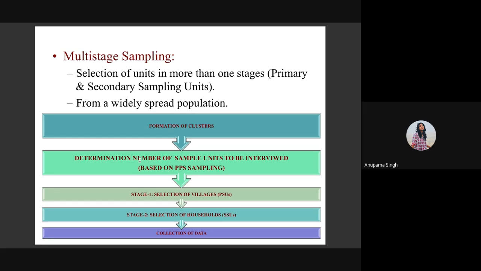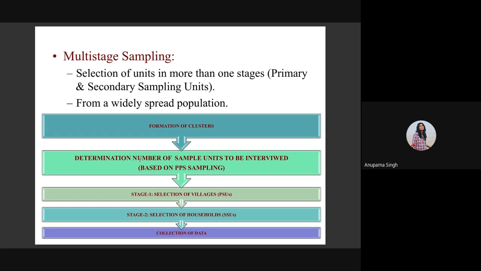So what we can do is divide the whole population into different clusters or different strata, right? We can divide the section into rural, urban, tribal, semi-urban, right? These kinds of strata can be made.